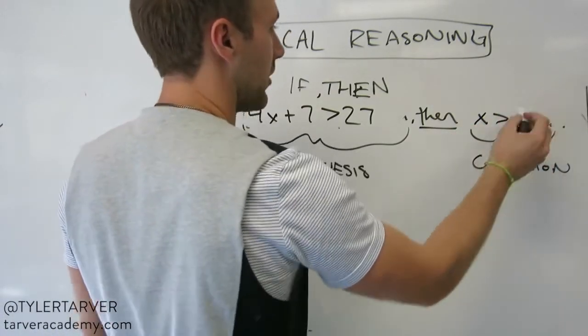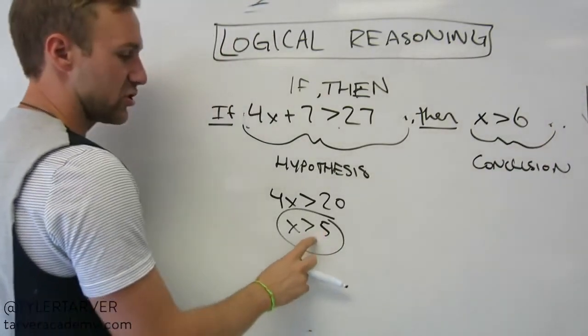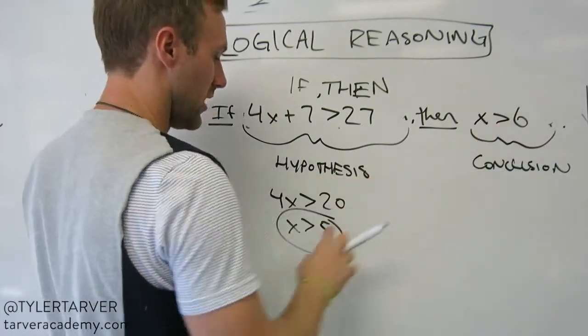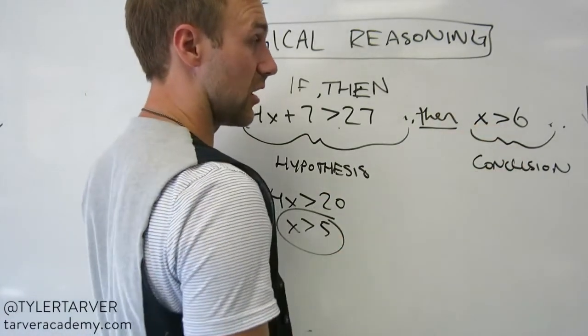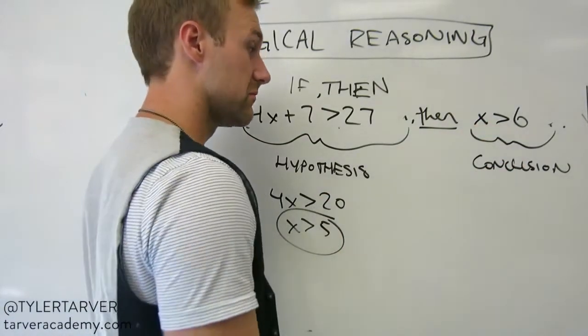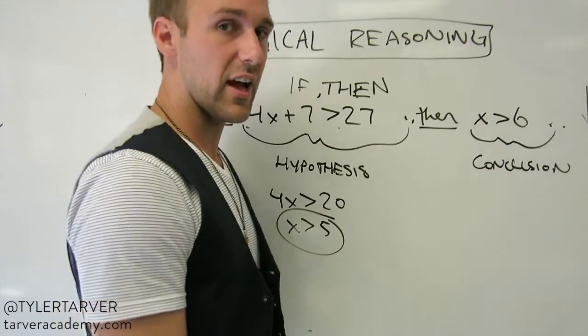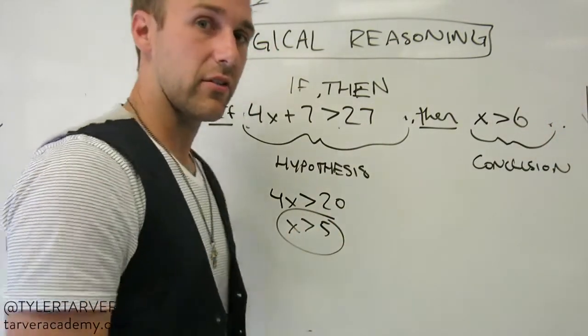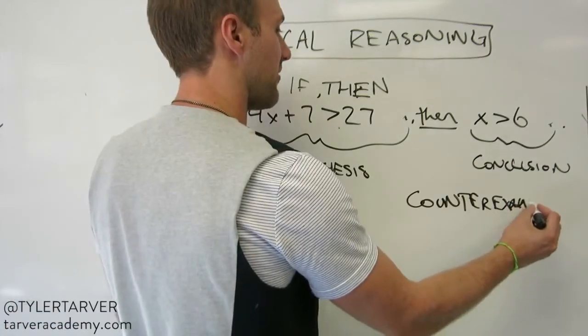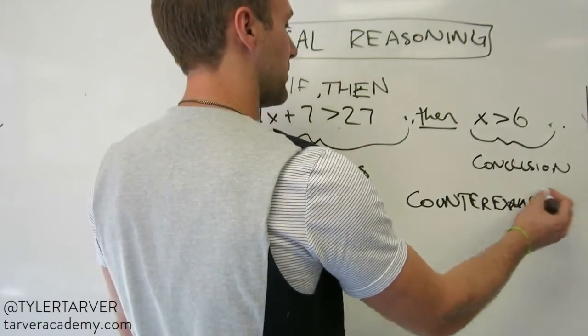Maybe a better example would have been this. If this is true, does that mean this is true? If our x is greater than 5, does that mean our x has to be greater than 6? Not necessarily. It could have been 5.5. Okay? So, that brings me to my next point. It's called a counterexample. This is one of my favorite terms because it's just so easy to explain.